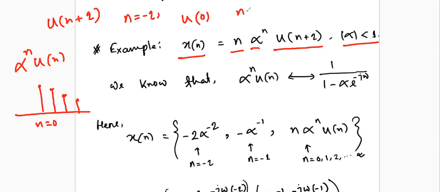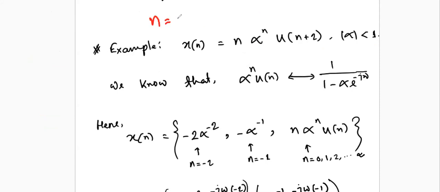For n equals -1, we have u[-1 plus 2], which gives u[1]. What is the value of that?